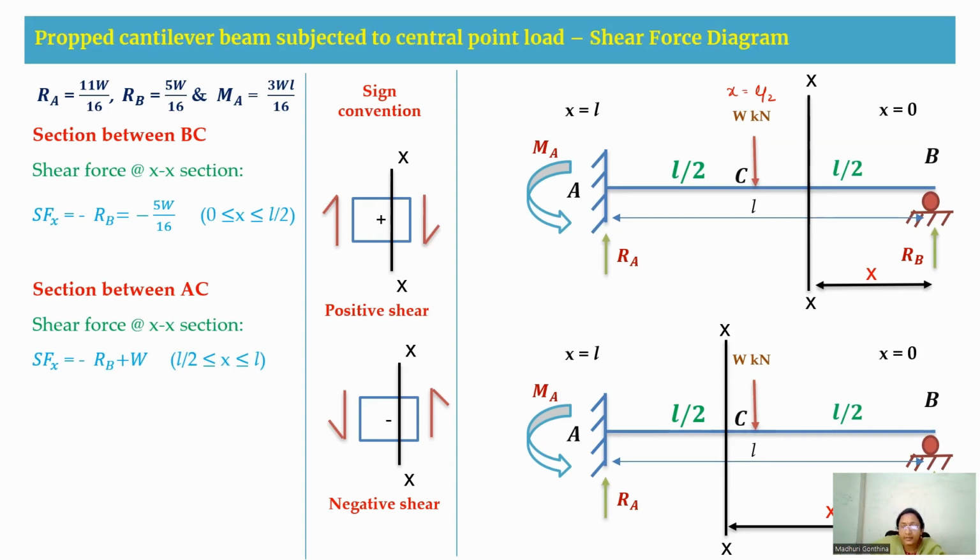And here you have a load of W in the clockwise direction, so it is plus W. The limit here is from x equal to L by 2 to x equal to L. When we solve this, you get 11W by 16. So from 0 to L by 2, it is a negative value of 5W by 16, and from L by 2 to L, it is a positive value of 11W by 16.